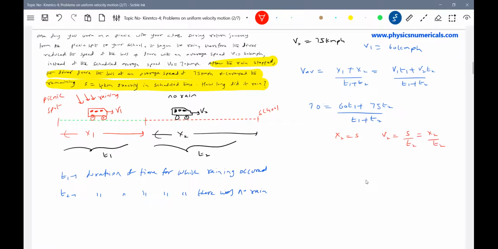We know V2 is 75 and X2 is 40 kilometer. So T2 is 40 by 75, which is 8 by 15.